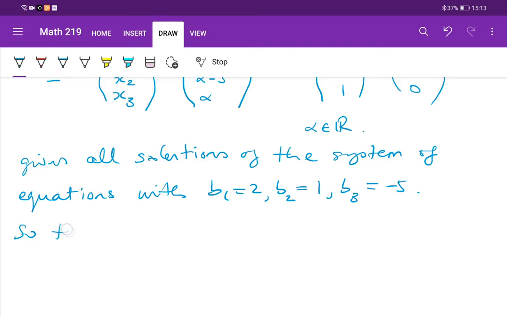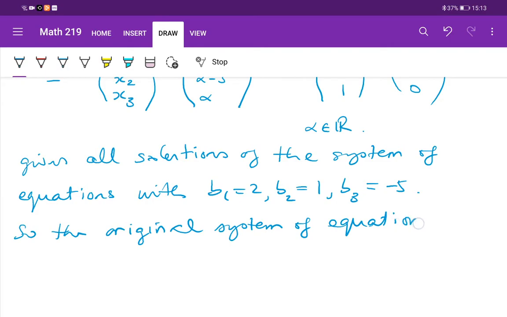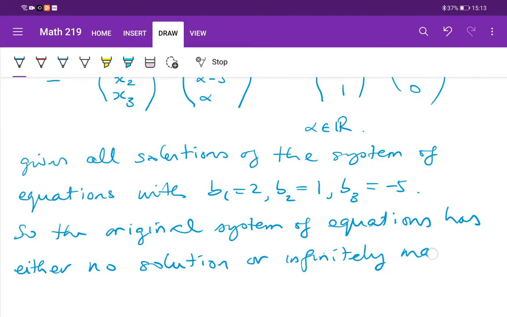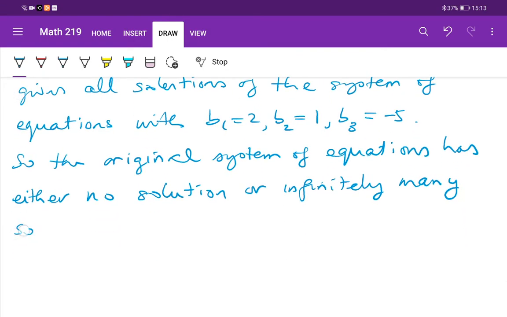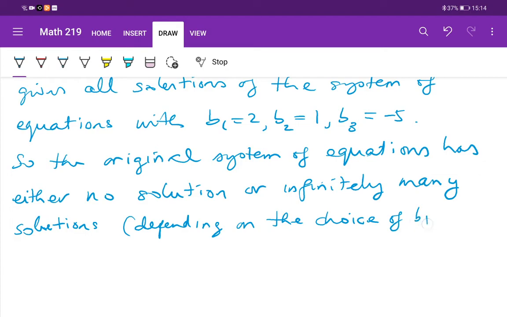So the original system of equations has either no solution or infinitely many solutions, depending on the choice of b1, b2, and b3.